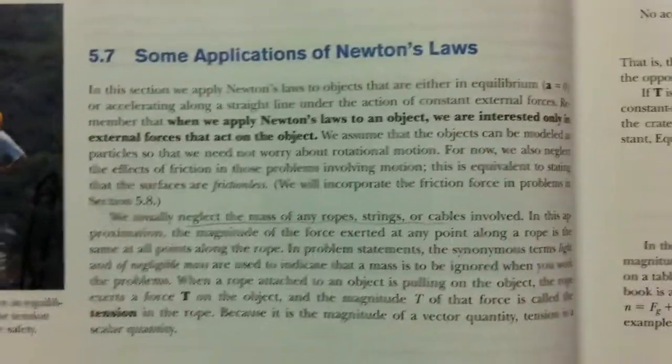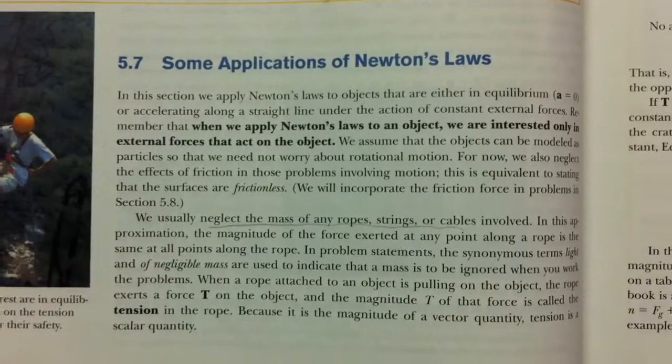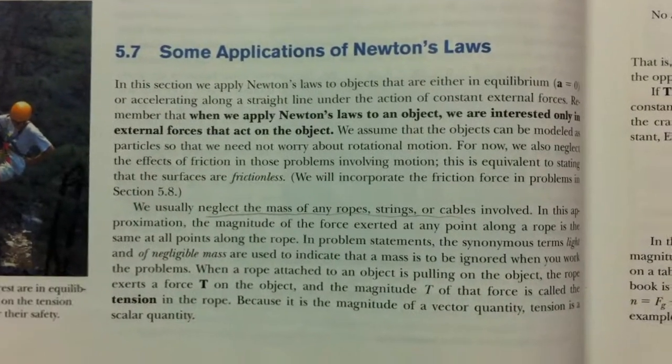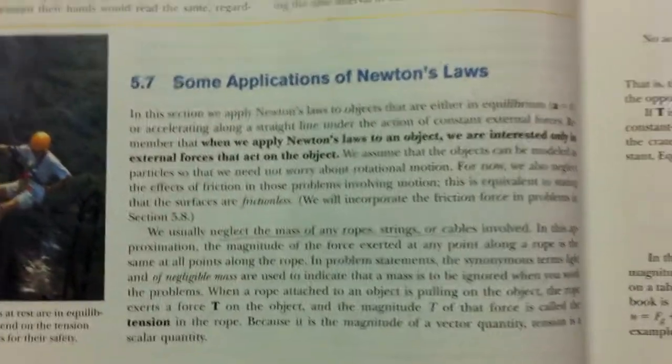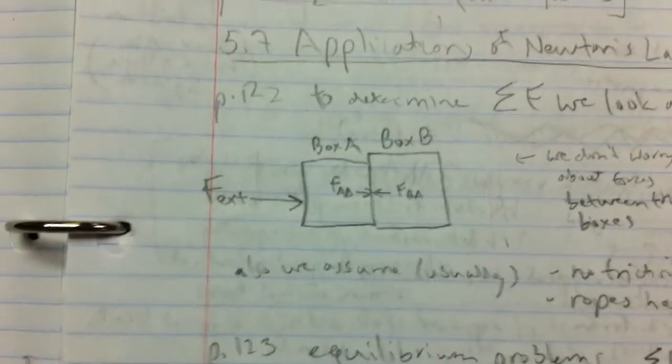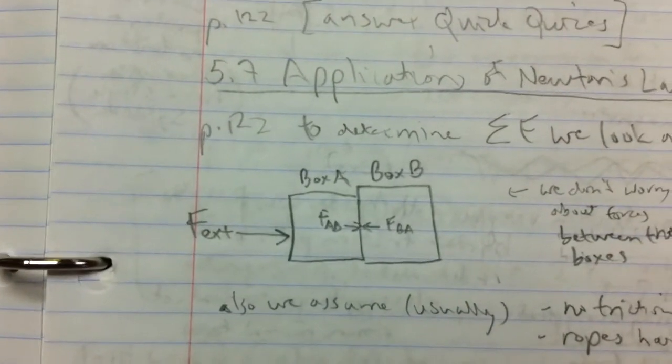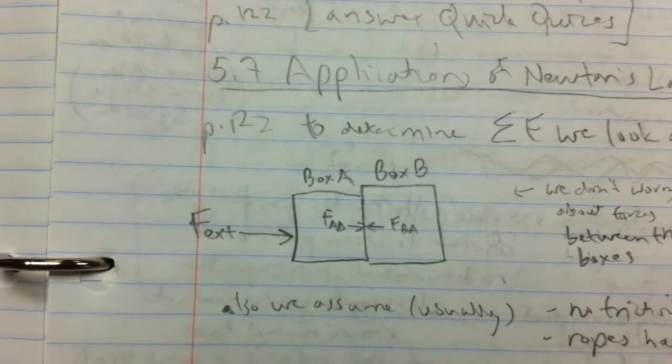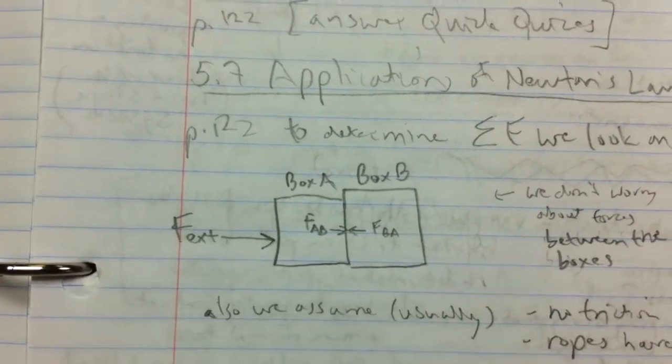Let's take a look at this bold statement here that says when we apply Newton's laws to an object, we're interested only in the external forces that act on the object. What does that mean? Let's take a simple example. Suppose we're pushing 2 boxes, box A and box B, with an external force that causes both boxes to move together.